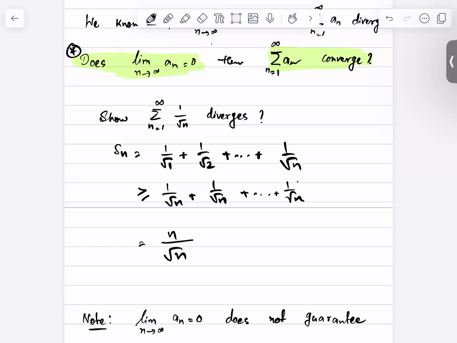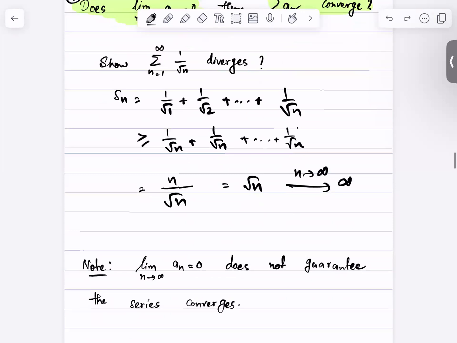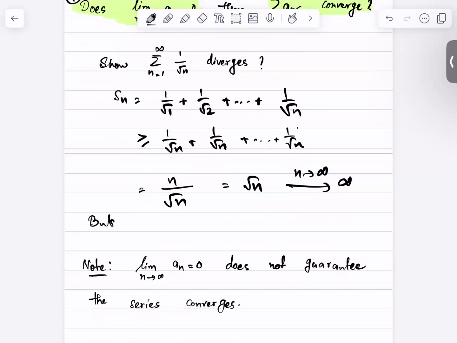This is at least n times 1 over square root n, so this is just square root n, and this is going to infinity as n tends to infinity. So as the n-th partial sum sequence is going to infinity, the given series diverges.